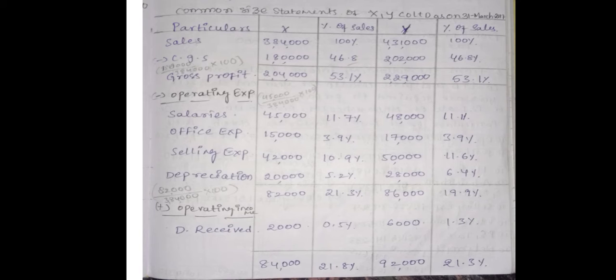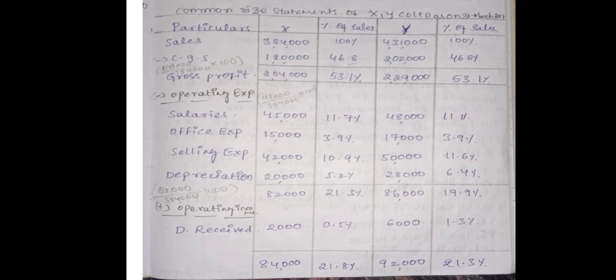Office expenses are also a kind of regular expense, regularly happening. Next, selling expenses are also a kind of operating expense. Depreciation is also taken here as an operating expense. So we need to deduct these from here.